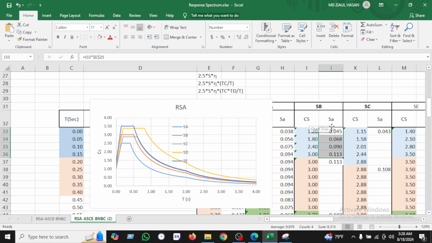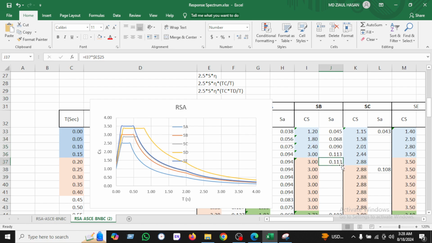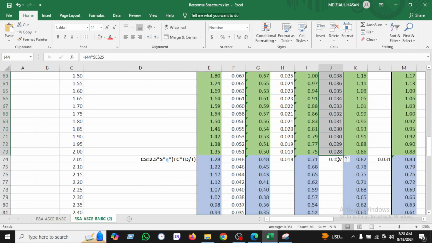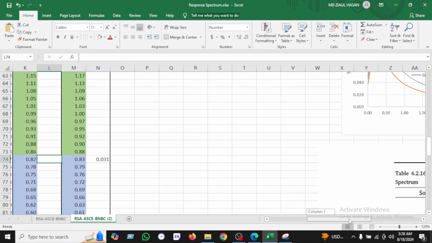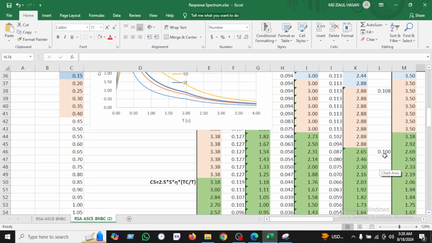So CS into here, CS into here, we can find all the values are the same. I'm just deleting this value, it's irritating because we don't need this value.